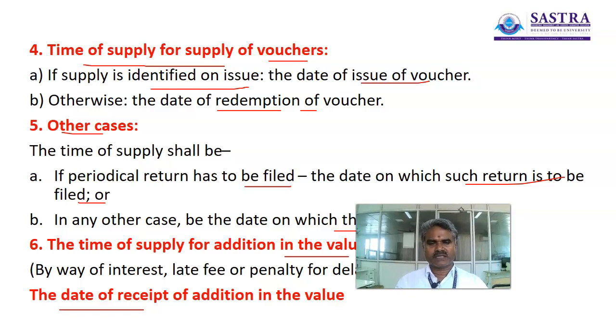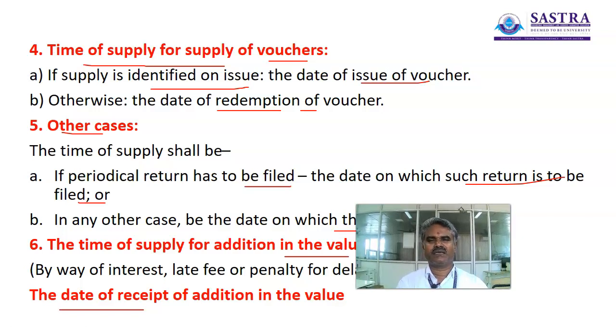Sometimes we may have financial problems and may delay paying GST to the government. Suppose you charge it from your customer, the date of receipt will be the taxable value of supply.